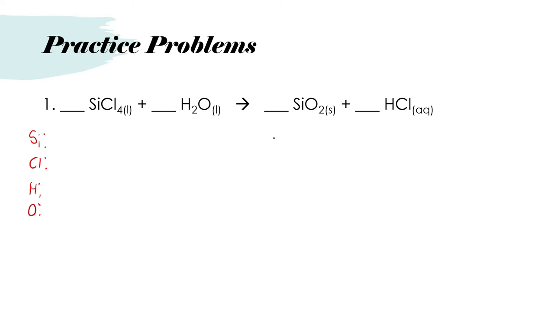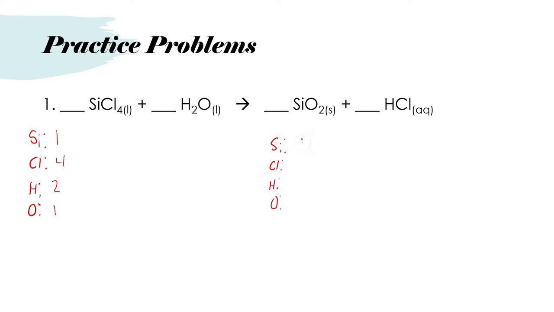And then on this side we'll have the same thing: silicon, chlorine, hydrogen, and oxygen. And remember, if we have nothing in front of these, that means that it's a 1. So right now we can count out our atoms based on all of those being 1s. We'd have 1 silicon, we'd have 4 chlorines, we'd have 2 hydrogens, and 1 oxygen.